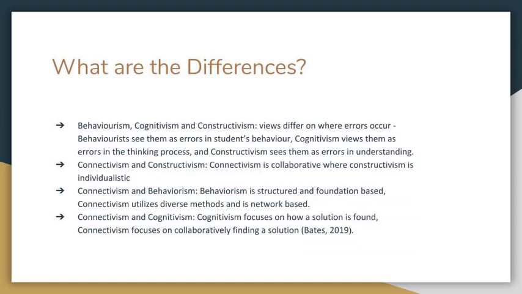In the differences, we see behaviorism, cognitivism, and constructivism, whose views differ on where errors occur. Behaviorists see them as errors in students' behavior. Cognitivism views them as errors in the thinking process, and constructivism sees them as errors in understanding.